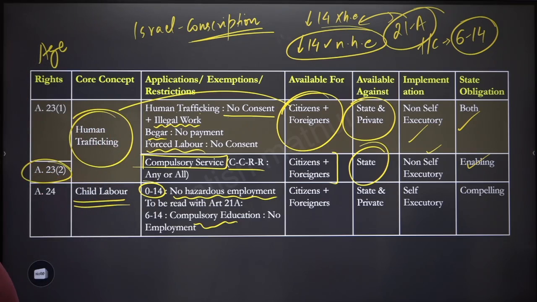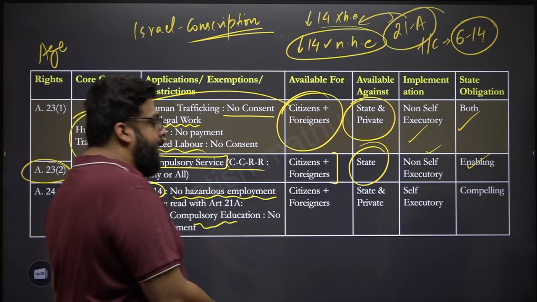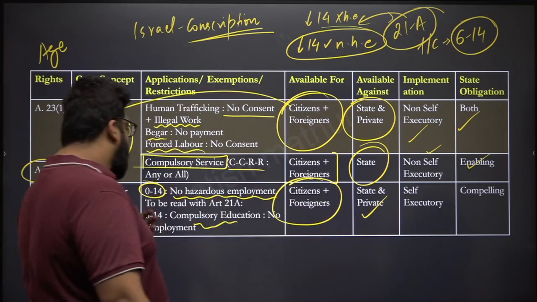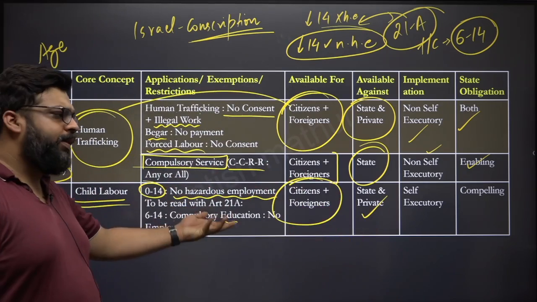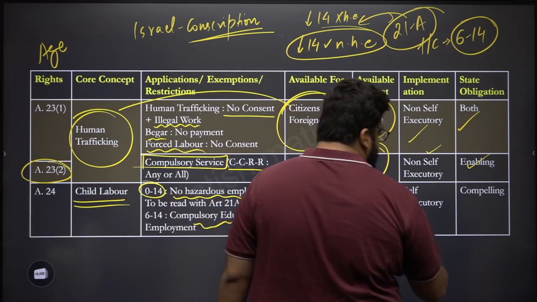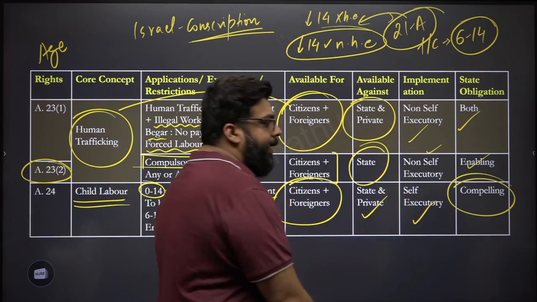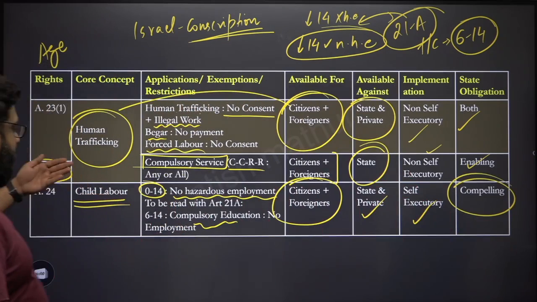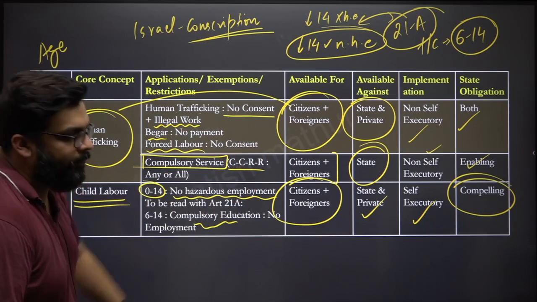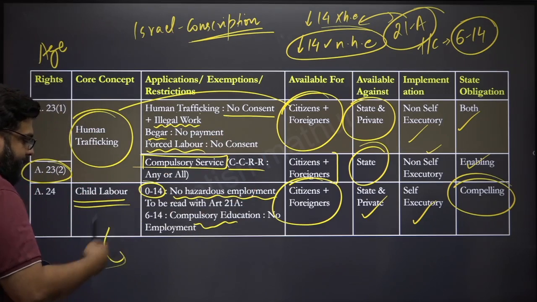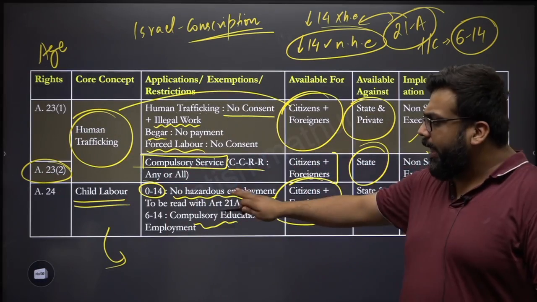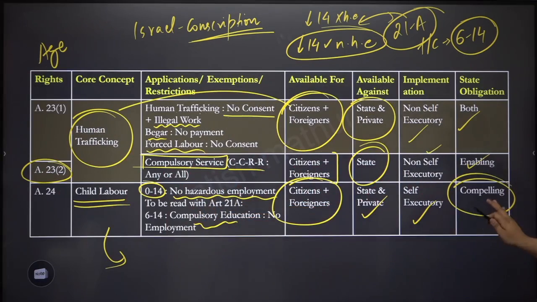Okay, understood this? Now, available against citizens and foreigners, both state and private, because you can often see private agencies, for example, employing children in firework factories and so on and so forth. It's self-executory and it is compelling in nature. The article itself does not particularly ask the state to make provisions. The state still does, and we have the Prevention of Child Labour Act. But the article itself is compelling in nature.